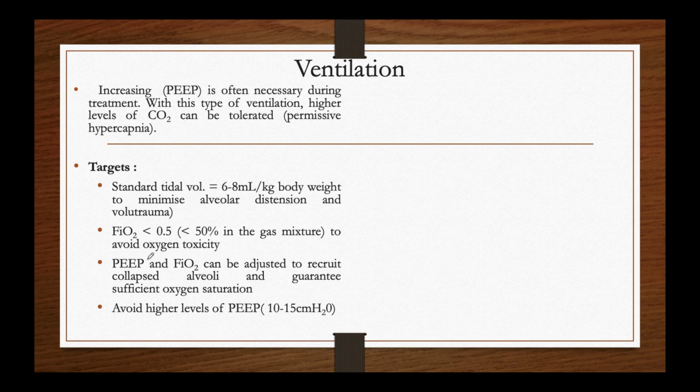Then the PEEP and the fraction of inspired oxygen should be adjusted to recruit collapsed alveoli and also guarantee sufficient oxygen saturation. And so the normal PEEP that we may require here is between 10 and 15 centimeters of water, and we should avoid trying to get higher levels of PEEP at this particular time.